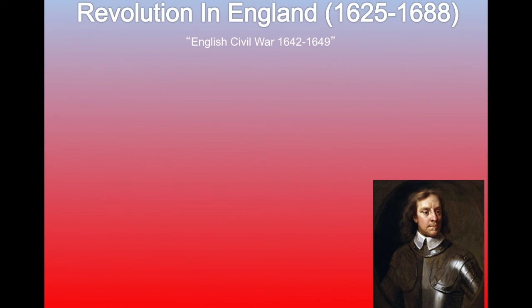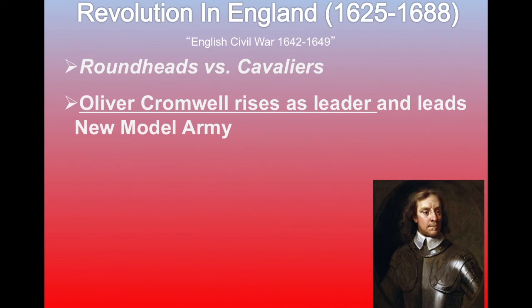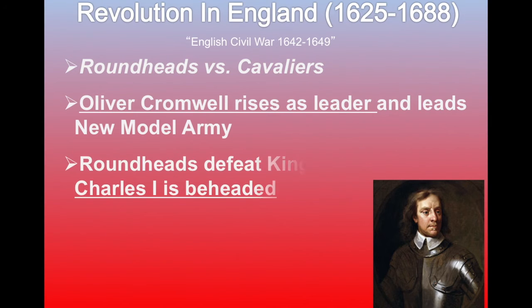And this leads to the English Civil War, Roundheads versus the Cavaliers. Oliver Cromwell rises as a leader and leads this new modern army. His Roundheads will start to resist the Cavaliers, which are the Charles I supporters. The Roundheads would defeat Charles I's army, and Charles I is beheaded.